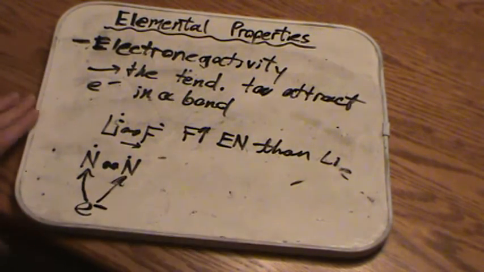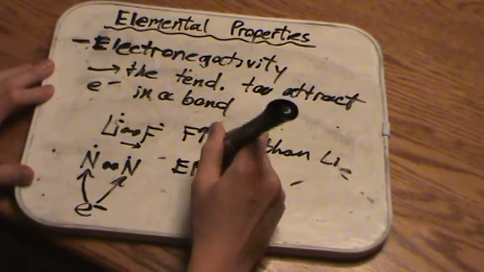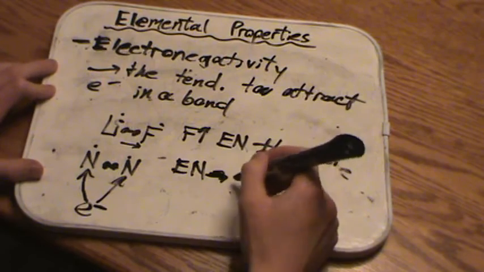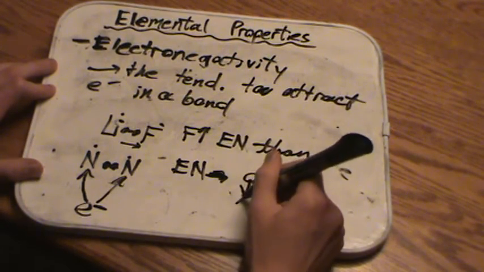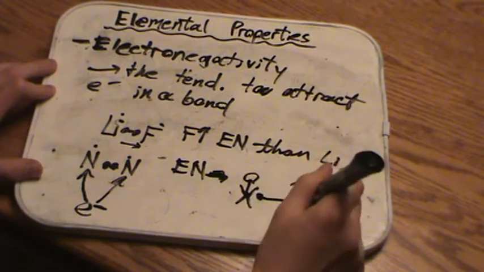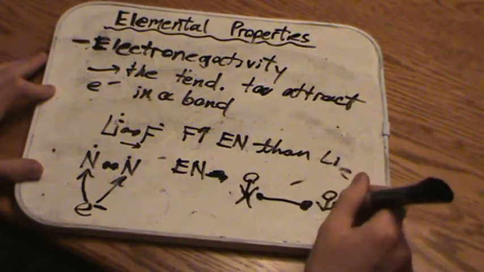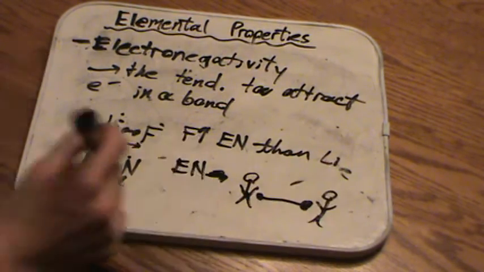And now the last idea I'd like to leave you with before I have to say adios is the idea that electronegativity is just like kids playing tug-of-war on the schoolyard. You have kids playing tug-of-war, and this rope. In the lithium example, the fluorine would be the big kid.